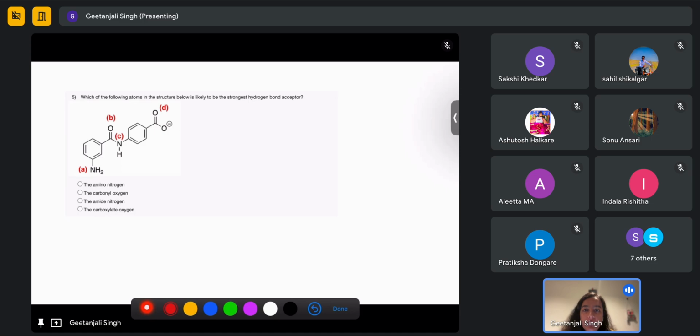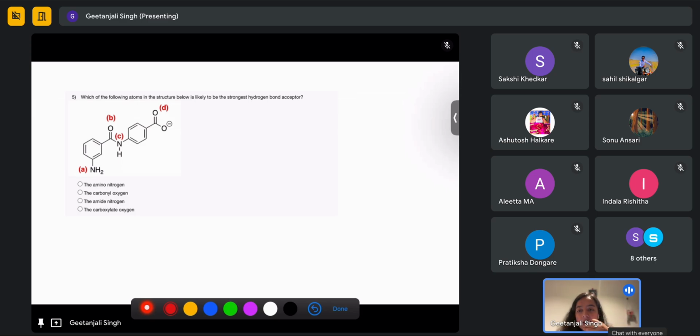When you talk about hydrogen bond acceptor and donor, we try to see which functional group is more hungry and can accept an H bond easily. That means it acts as a hydrogen bond acceptor, and when it's easier for a functional group to donate hydrogen, it makes a good hydrogen bond donor.